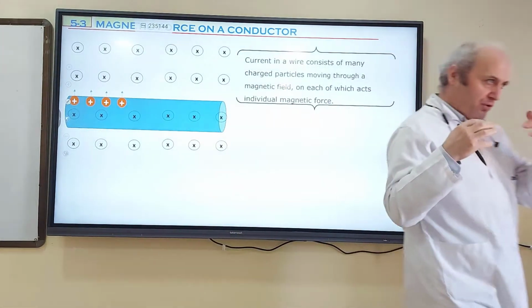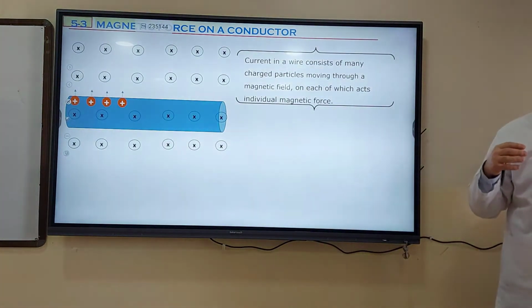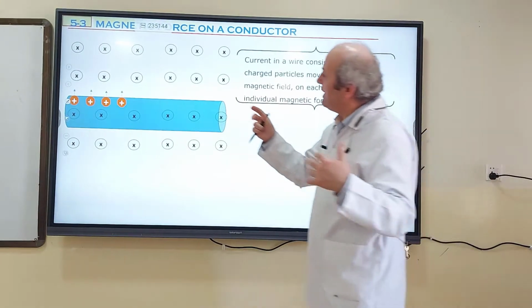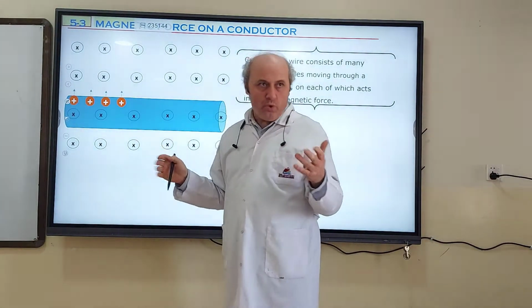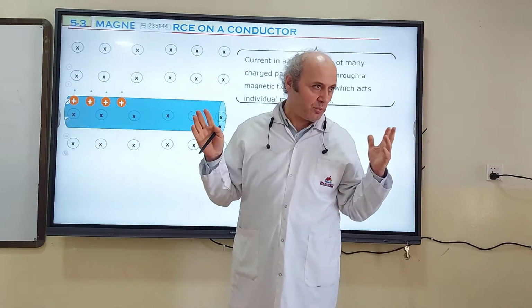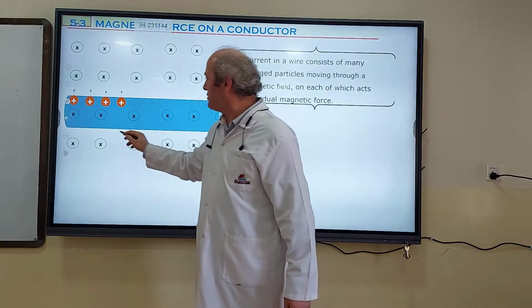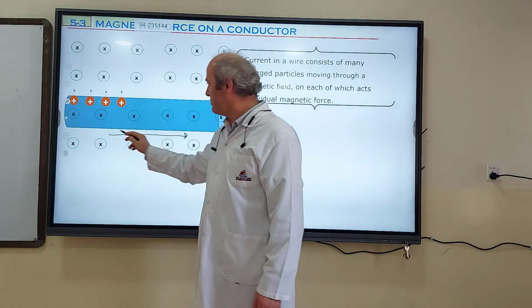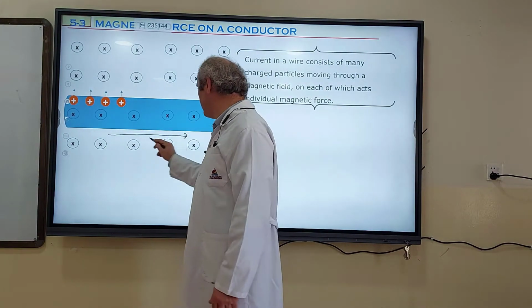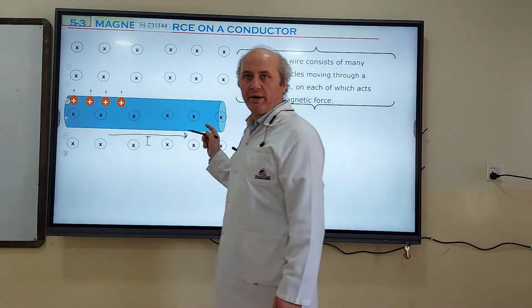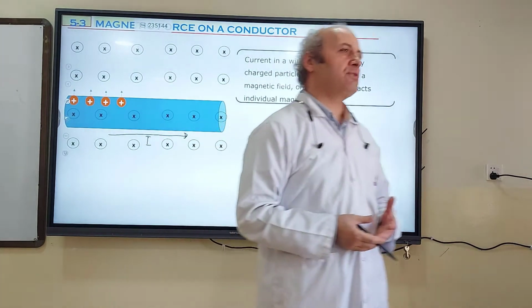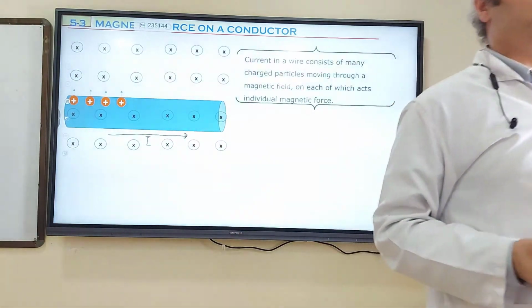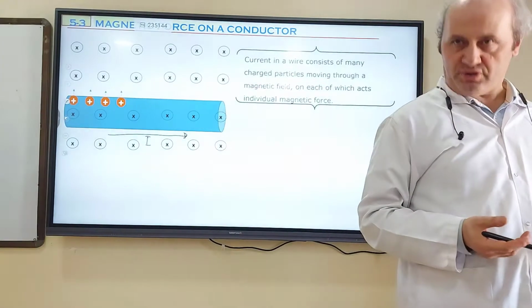And why is there a magnetic force acting on a current carrying wire? Because charges are in motion inside the wire. Assume that electric current is moving from left to right. So this is the direction of electric current from left to right inside this wire. We know that the electric current direction is assumed to be the same as the direction of the motion of positive charges, right?